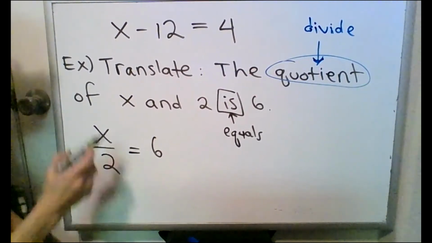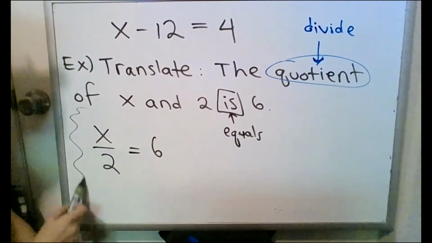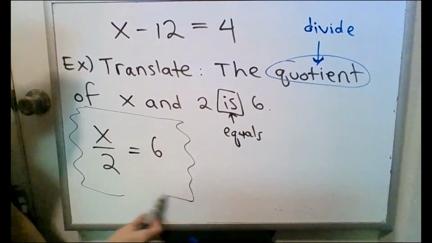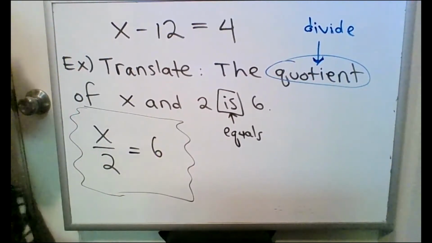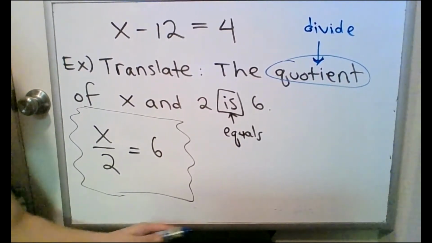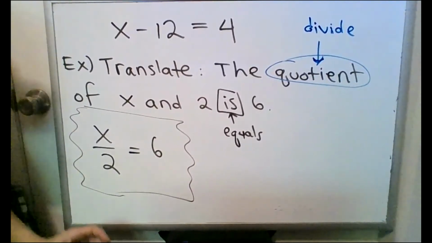And that's the only goal, is just to write down what's going on, but in math. Okay, let's do the quotient of 7 and x is 12.